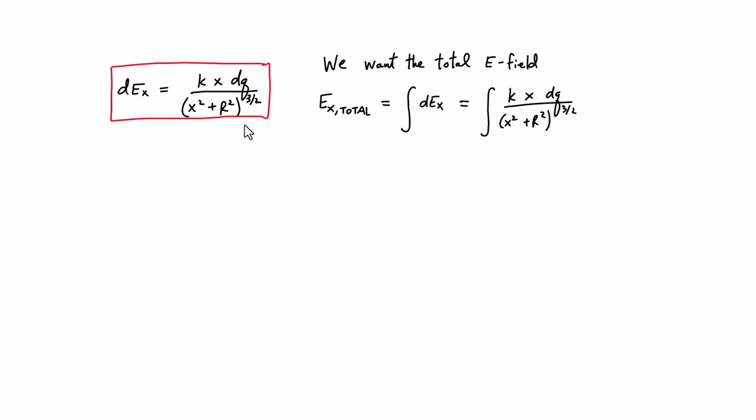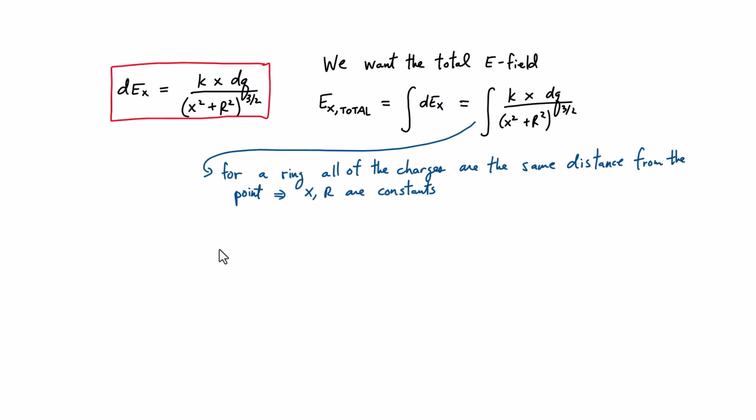Now, we have to keep in mind that a lot of these terms inside this integral are constant values, okay? X is a constant. It's the distance from the center of the disk to the point where I'm evaluating. The radius is constant. Therefore, all of these terms can be taken outside of the integral, and that's a huge simplification for this problem. So the integral here boils down to this.